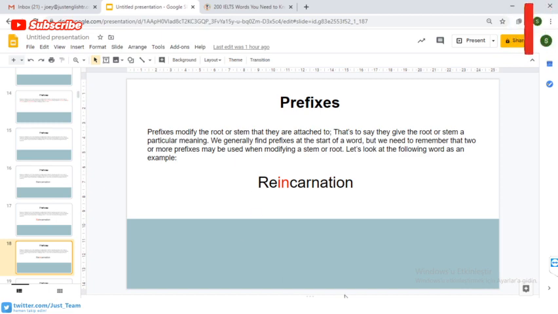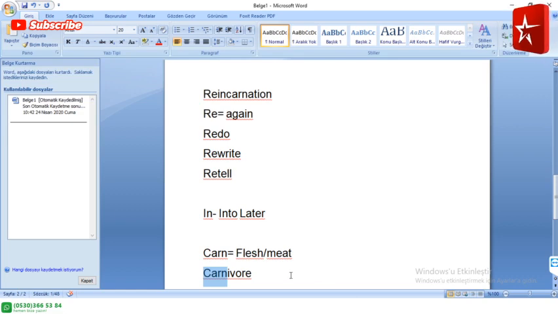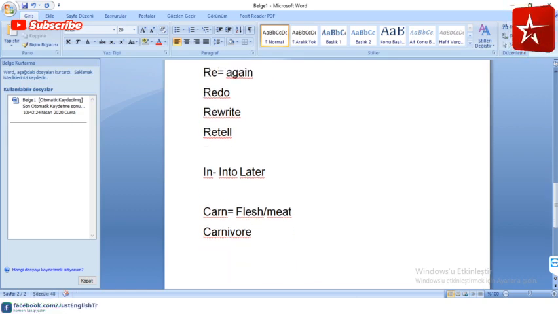So then we have reincarnation. We also have this suffix here, ation, which I forgot about. We can put that down here, ation. We use that to show processes, the process of something.